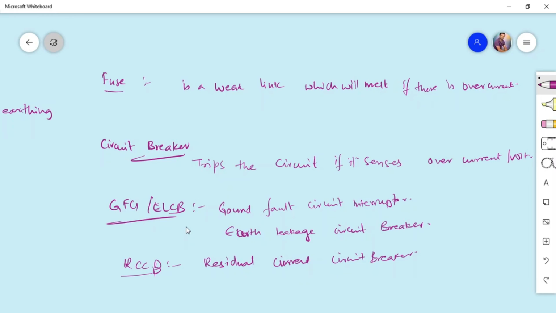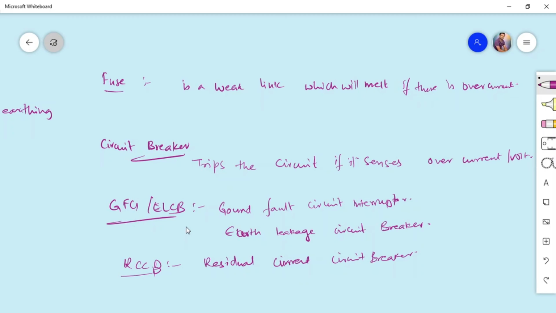A ground fault circuit interrupter always tries to sense leakages, where voltage or current is passing through the body. If the current is leaking through the ground, it will interrupt the circuit and cut it off. The earth leakage circuit breaker does the same thing but gives better protection than GFCIs.